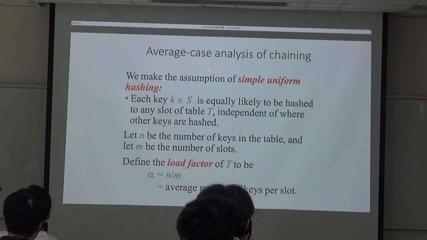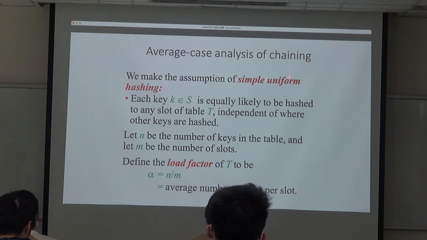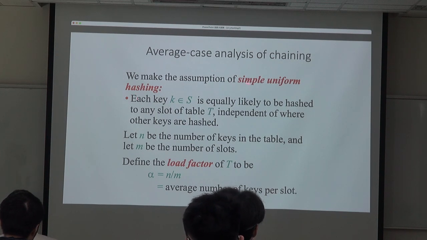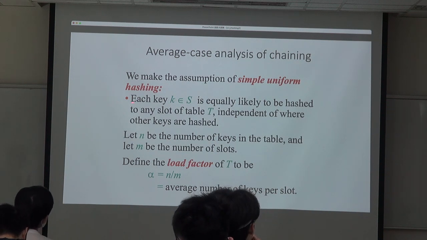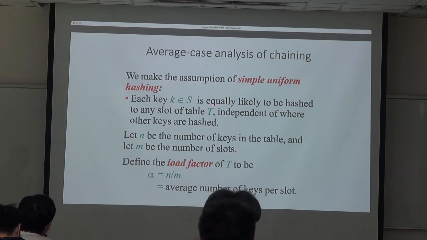Okay. So here we make the assumption of simple uniform hashing. What is simple uniform hashing? It's defined to be like every key is equally likely to be hashed to any slot of table T, independent of where other keys are hashed.